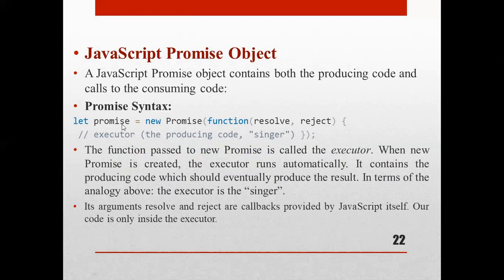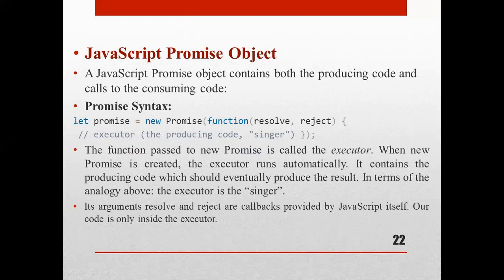Here, let promise equals new Promise. Inside that we write one function having parameters resolve and reject, and the body contains the executor. That executor contains the producing code.